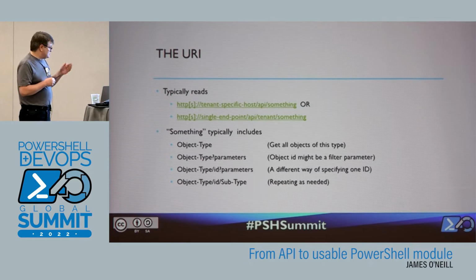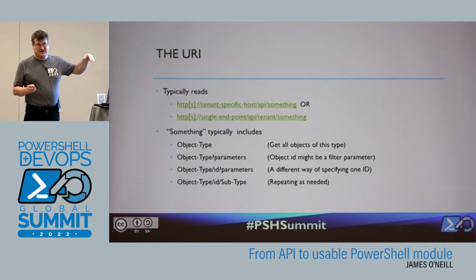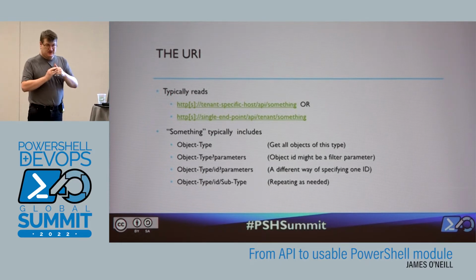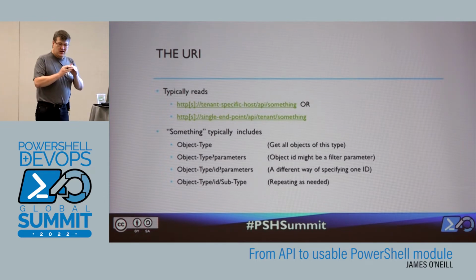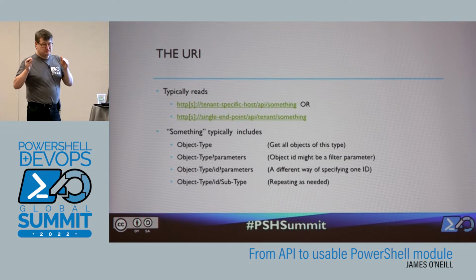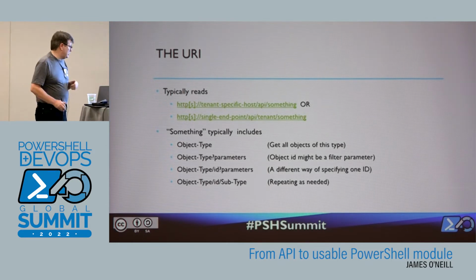The URIs typically look something like this. So there'll be HTTP or HTTPS, and either you get a tenant-specific URL, so it says my host at something or other, dot something or other, or there will be one generic host name, and then the tenant's identified somewhere in the parameters and the URI path.